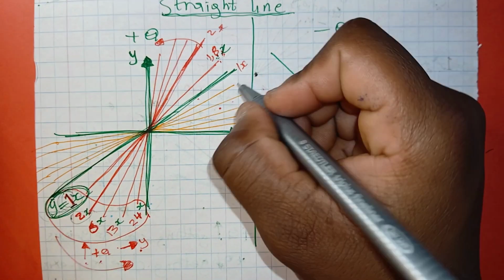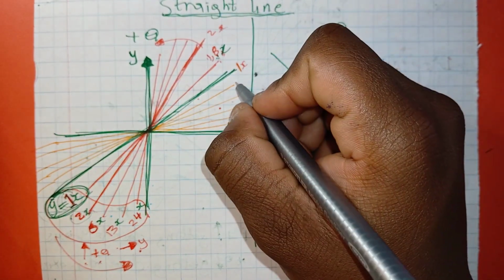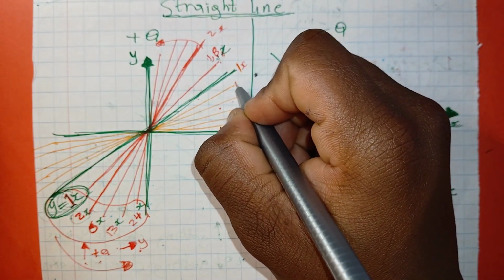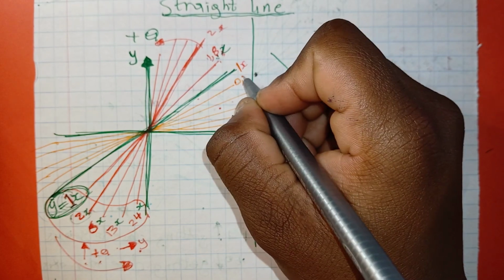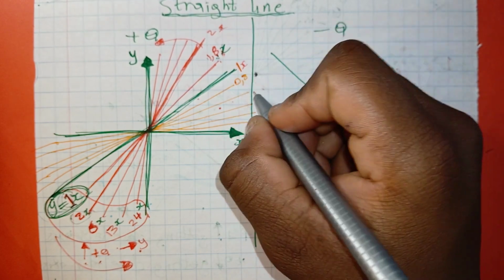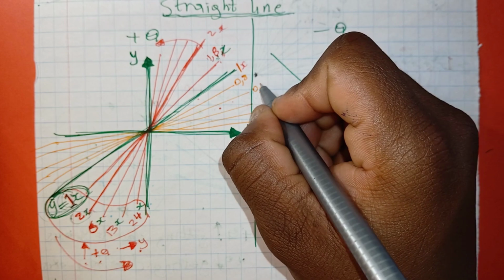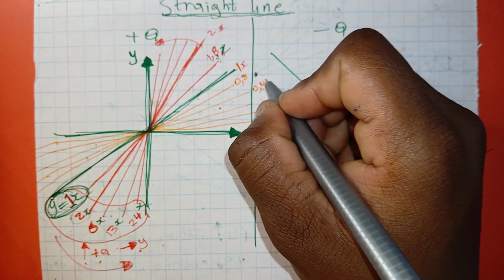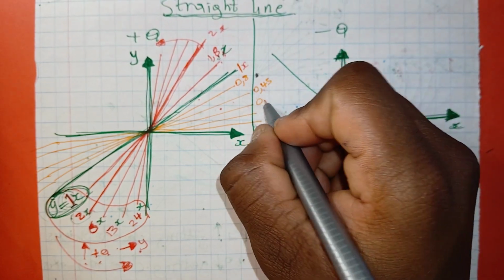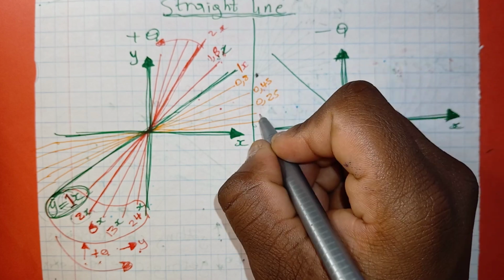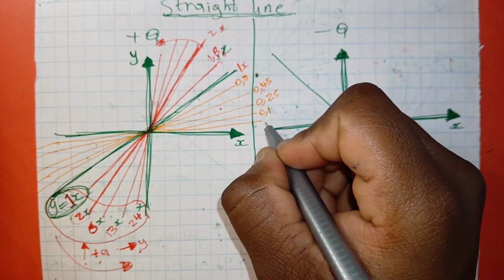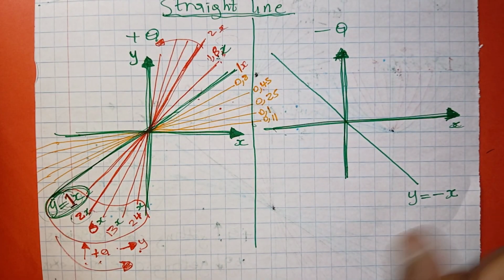So here if I decrease 1 to 0.8, then 0.45, 0.25, 0.1, 0.11, I just decrease my gradient.